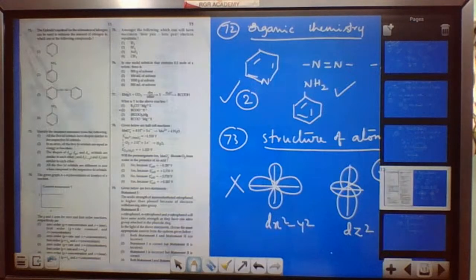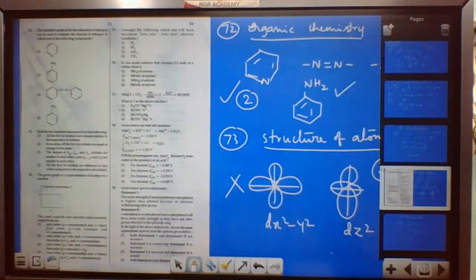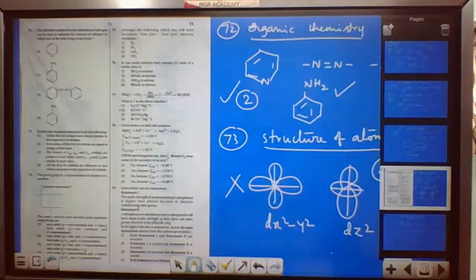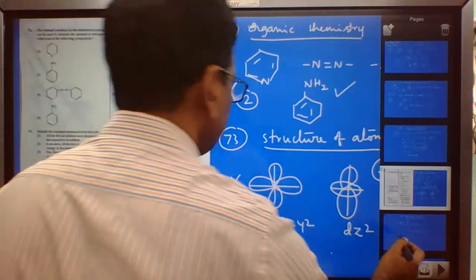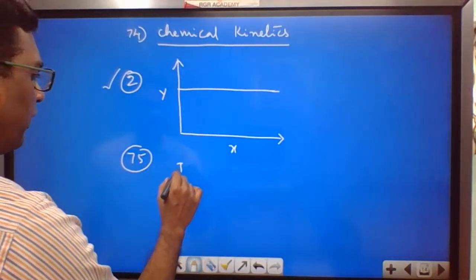75. Among the following, which one will have maximum lone pair electron repulsion? If you use logic, you can easily understand. The number of lone pairs will increase, then repulsion between the lone pairs increases. So IF5, how many lone pairs are there in IF5?